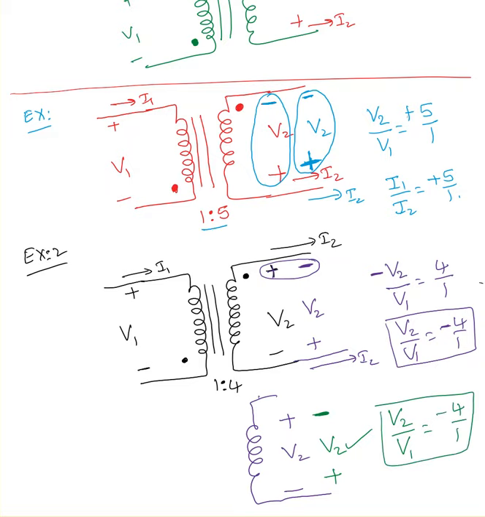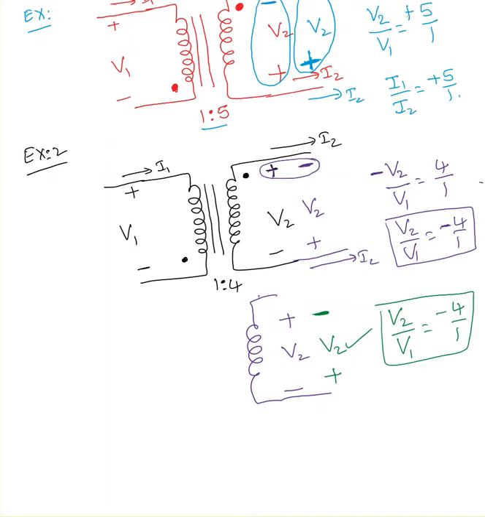Now, the same way we'll look into I2. We know that I1 over I2 equals 4/1 here also. Now the current I2 is supposed to leave this terminal. This is the terminal you calculated or found by using the dot convention.